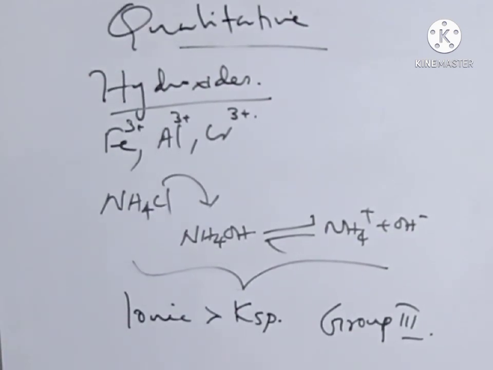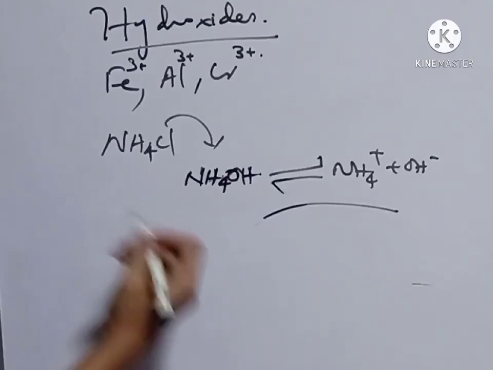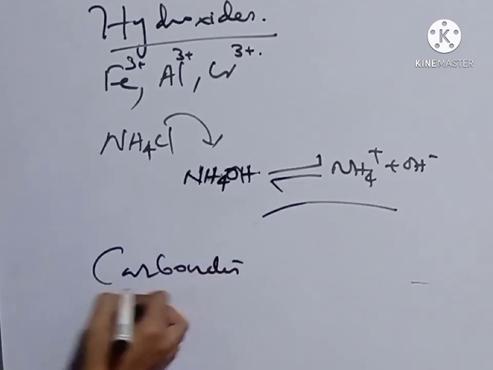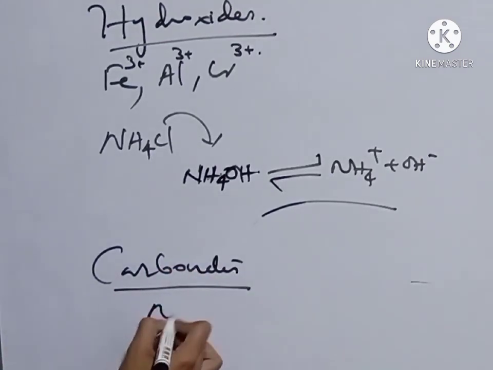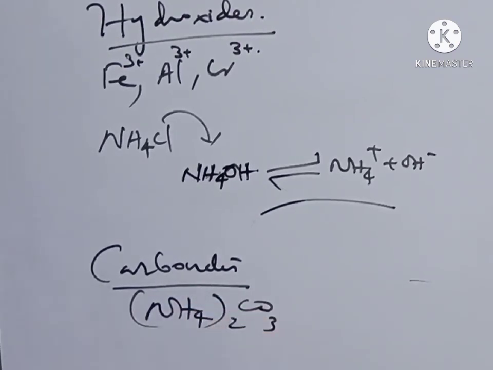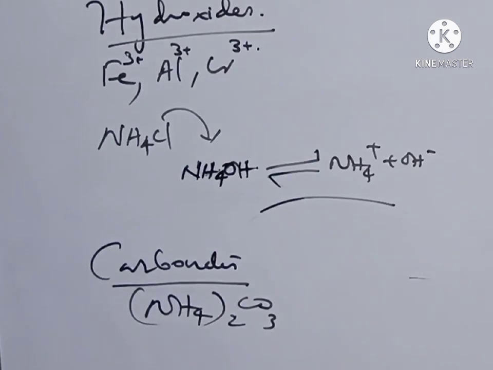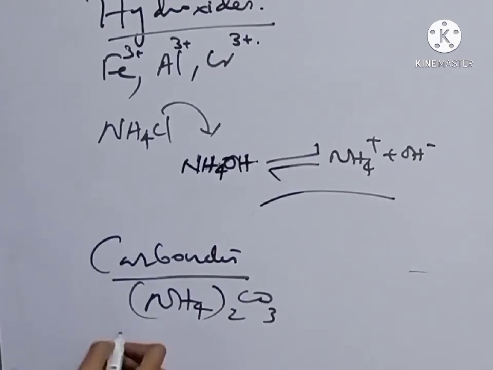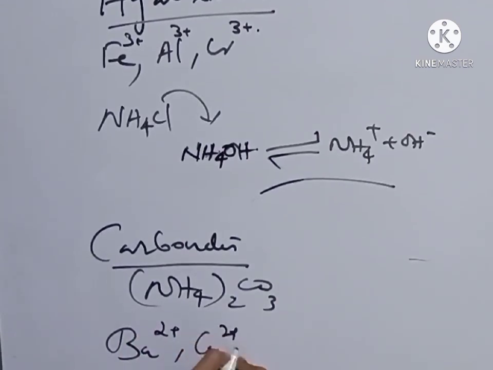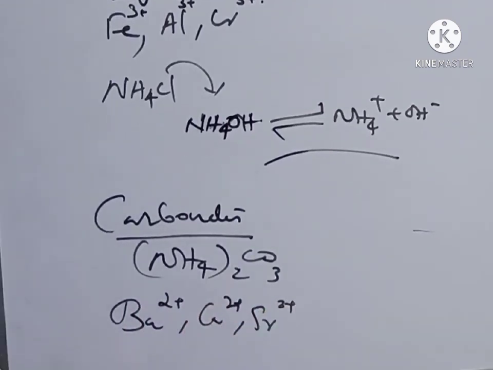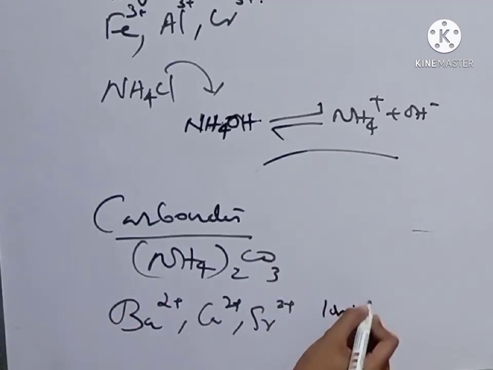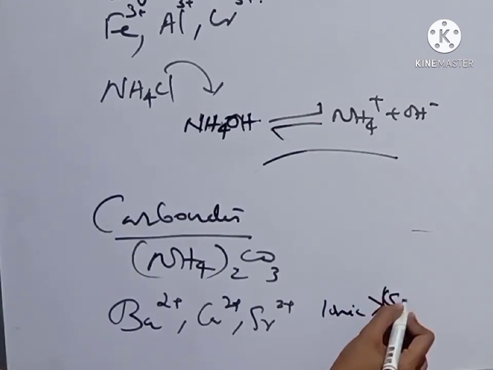And some metals precipitate as carbonates. For example, if we add ammonium carbonate to some inorganic compounds, for metals like barium, calcium and strontium, the ionic product exceeds the solubility product.